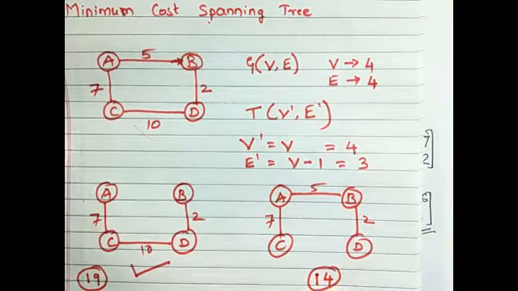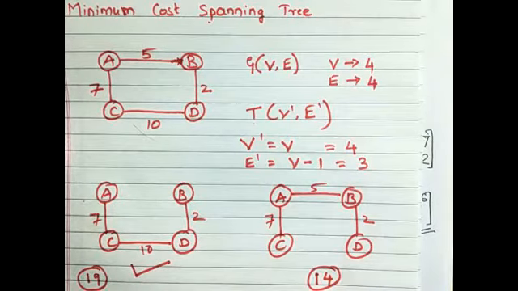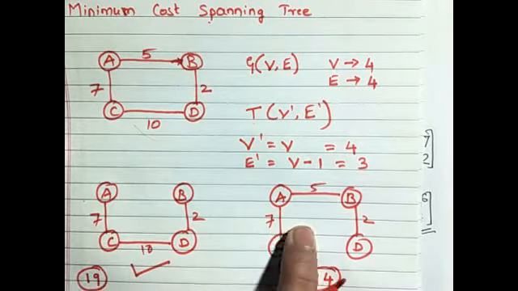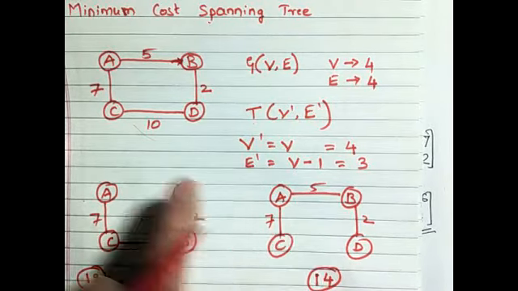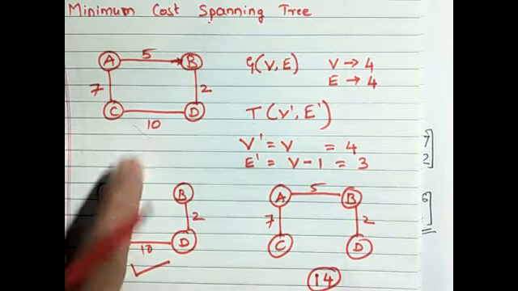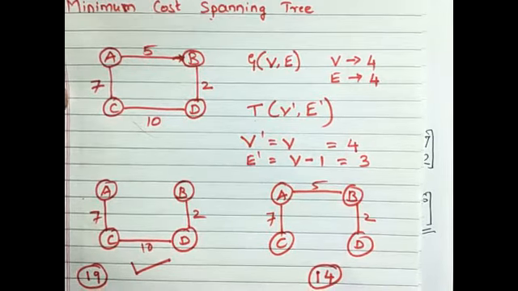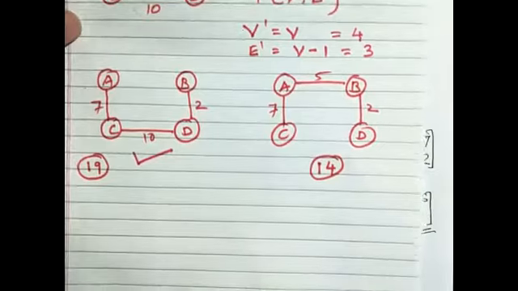When I derived the other one, the cost came as 14. Now think a while: are these the only two spanning trees we can derive from this graph, or can we have a few more? Yes, we can construct a few more spanning trees.